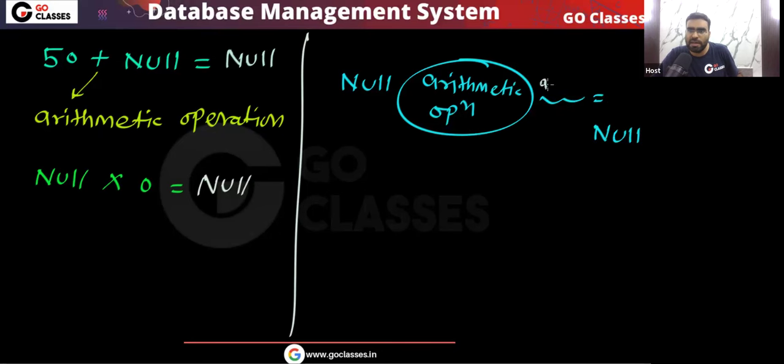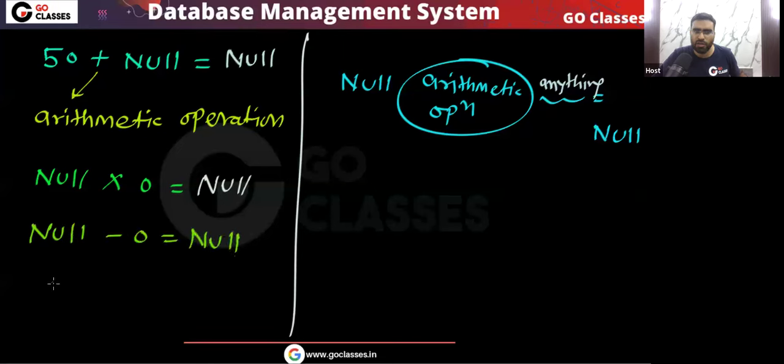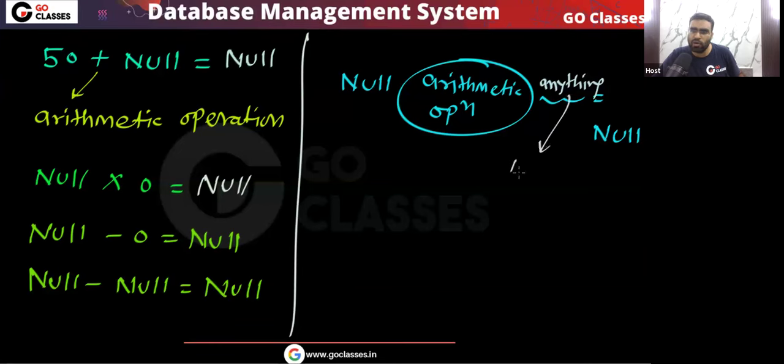Null minus 0 is also null. Null minus null is also null, because this can be anything, null or not null. So with null, if you do an arithmetic operation, the result will always be null.